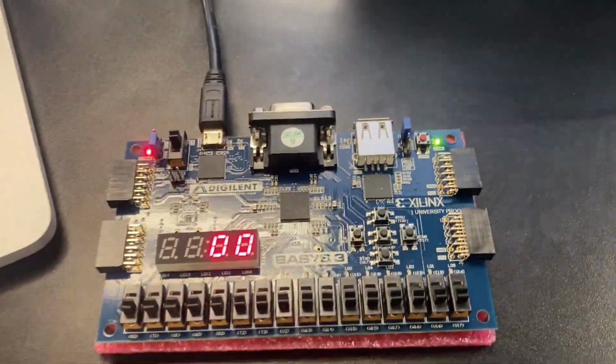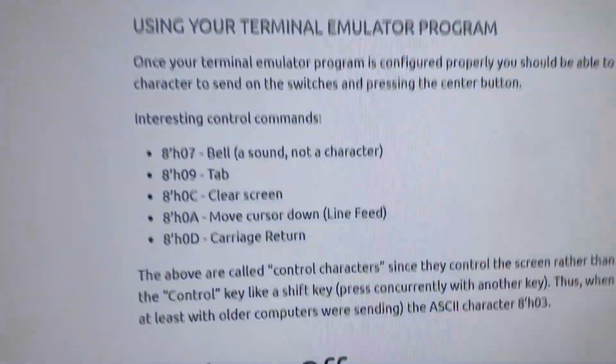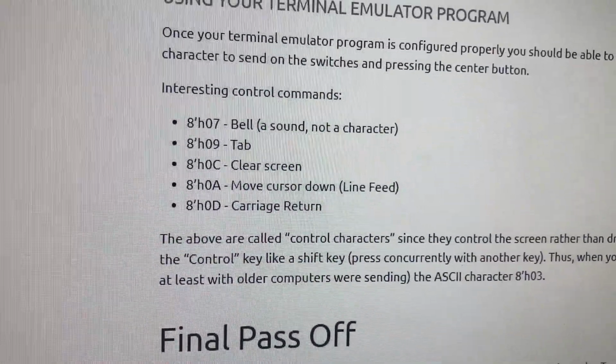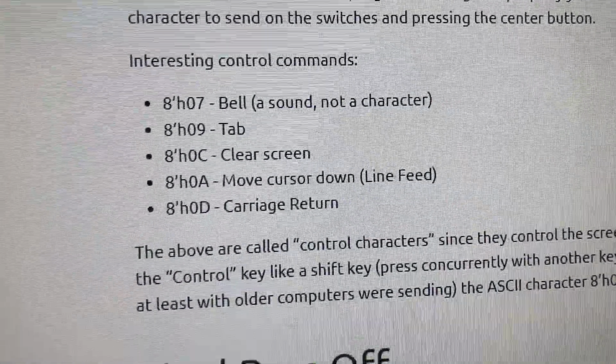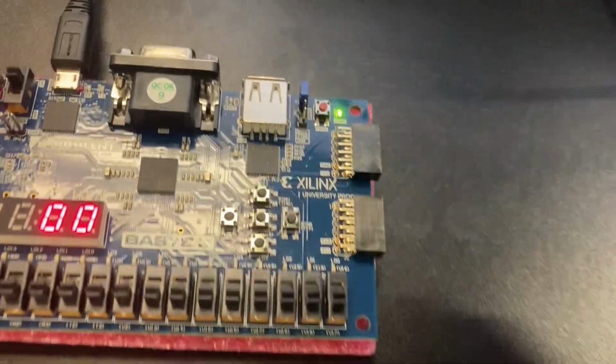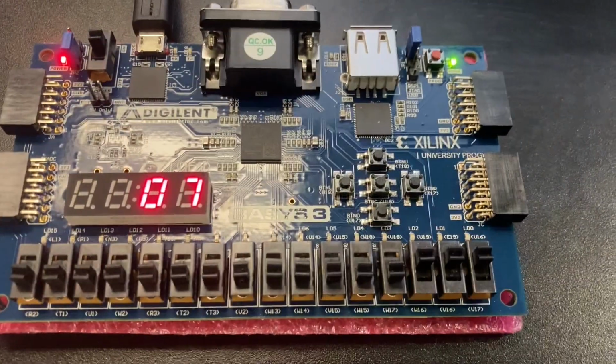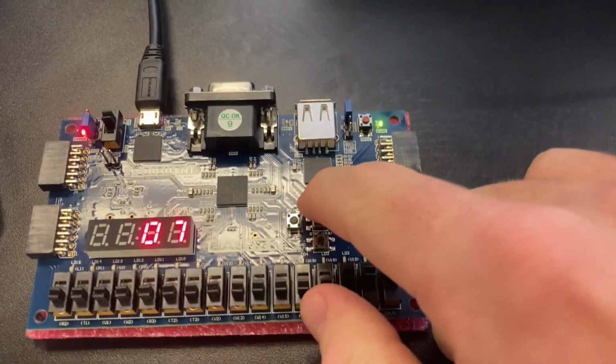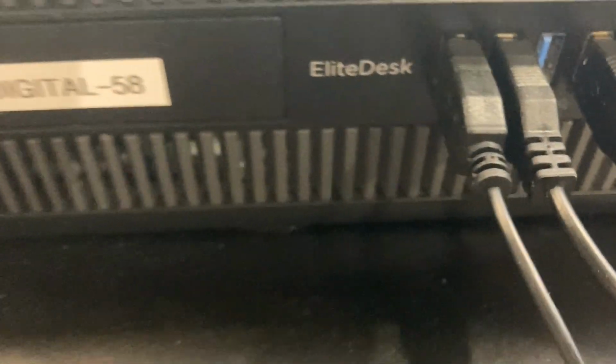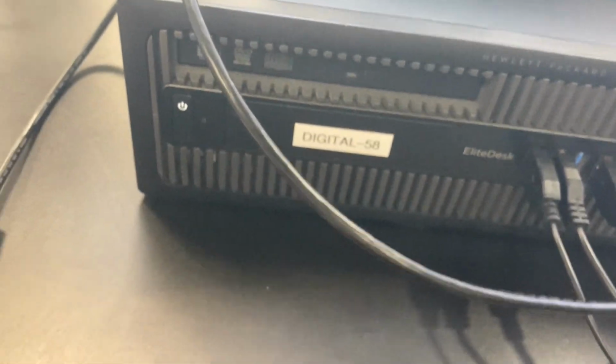Just to demonstrate these commands that they've given us, we'll first be doing the bell. The bell is just a simple 7. And when we send it, we'll hear a noise. You probably hear that.